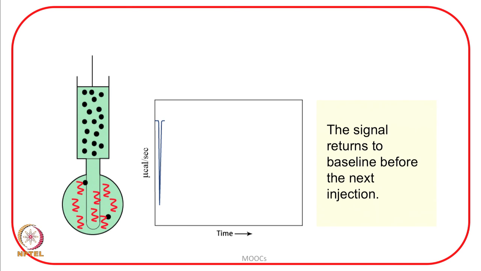Now, you see, each protein will have a binding site, or different proteins will have binding sites for different ligands. And if we take a large amount of protein in the cell and add only a little bit of ligand, the ligand will go and bind to the protein at the binding site.